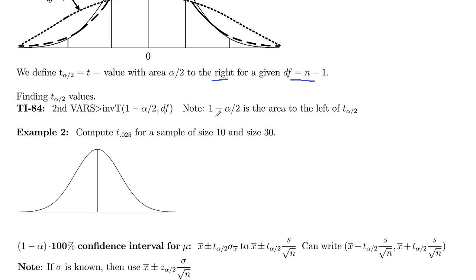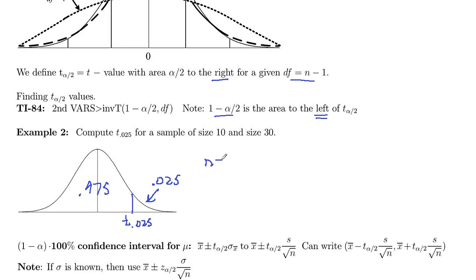Notice that 1 minus alpha over 2 is the left area. For example, if we want to compute t.025 for a sample size of 10 and then a sample size of 30, t.025 is over here on the right-hand side. The area to the right of that value is 0.025, and then the left area will be 0.975.